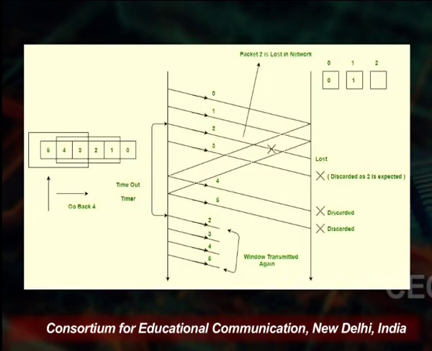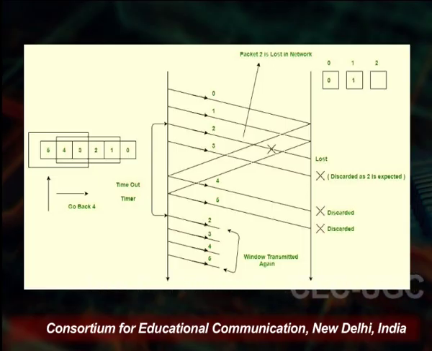Now in this figure you can see 0 is acknowledged, so is 1, but 2 is somehow lost and is not received at the receiver's end.